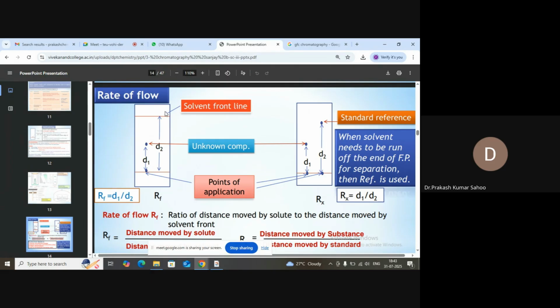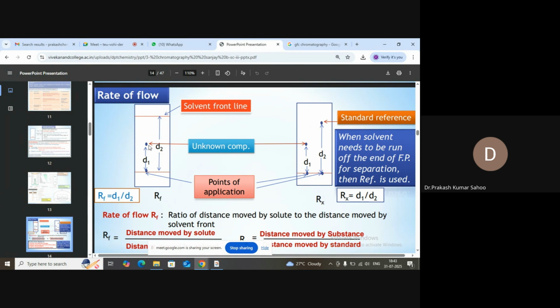Just see here, there is a component, and this is your reference sample, and we have a solvent front line here. Solvent front line means the maximum distance traveled by the solvent.